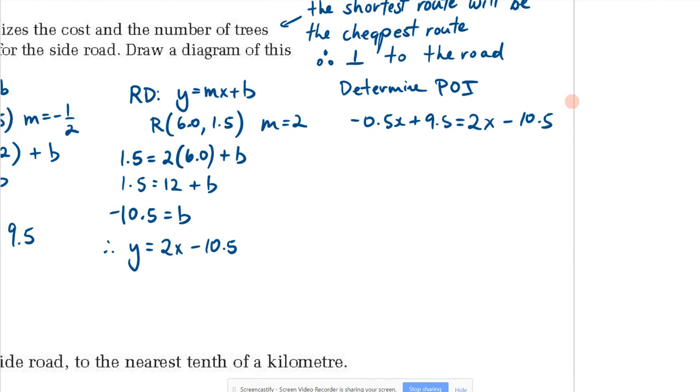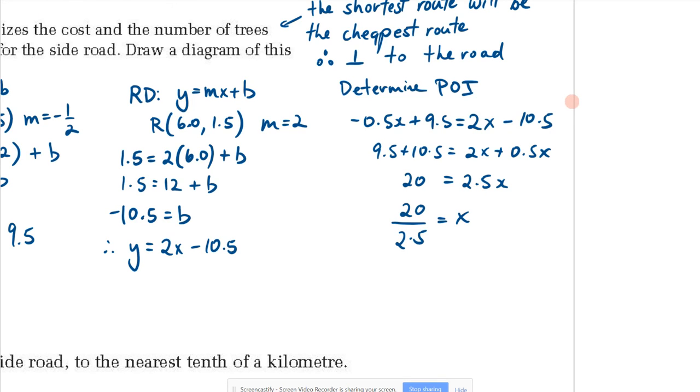Collect like terms on each side. So here I'll have 9.5 plus 10.5 equal to 2x plus 0.5x. And 9.5 plus 10.5 is 20. And 2 plus 0.5 is 2.5x. Divide both sides by 2.5. And you get your value for x.